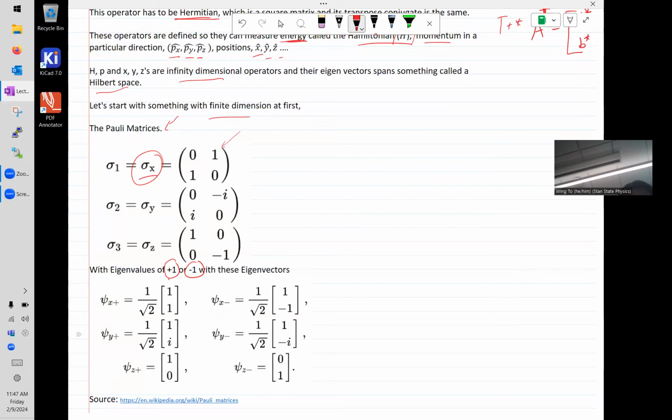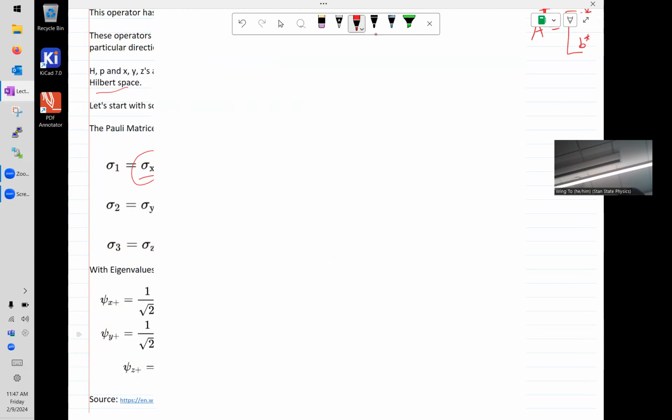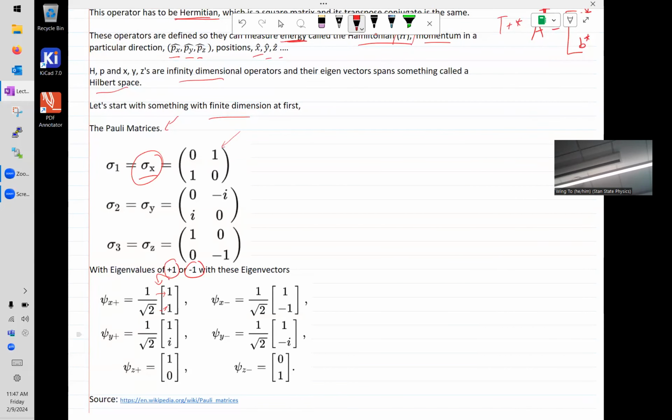The eigenvector associated with the +1 is going to be 1 over square root of 2, (1, 1). Technically you can leave out the 1 over square root of 2, but it just makes it easier. If the measurement comes out to be -1 when you act on this with sigma x, you measure the other eigenvalue-eigenvector pair, where you have the negative spin of that particular particle, and the eigenvector is (1 over square root of 2, negative 1 over square root of 2).